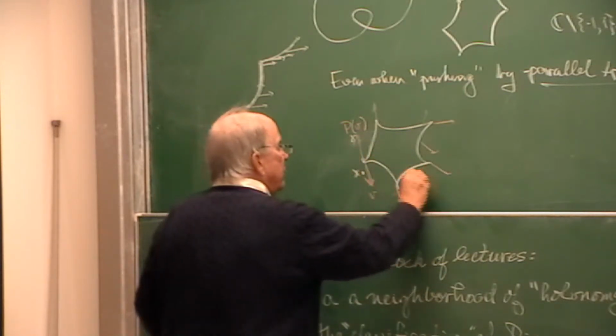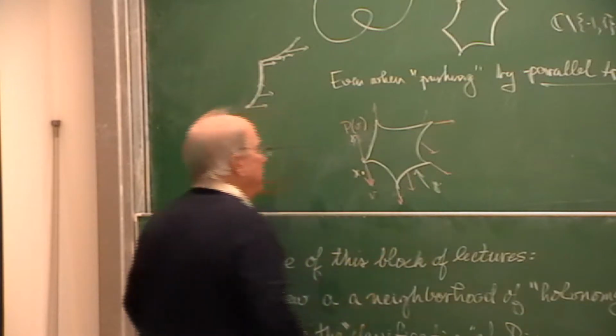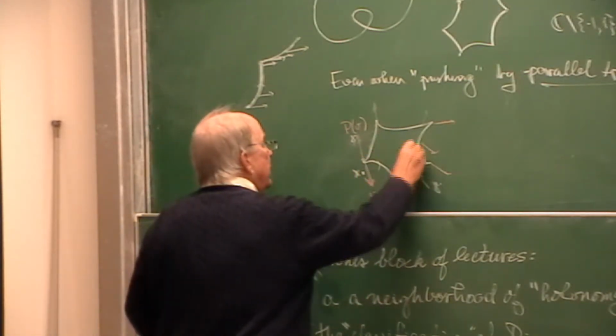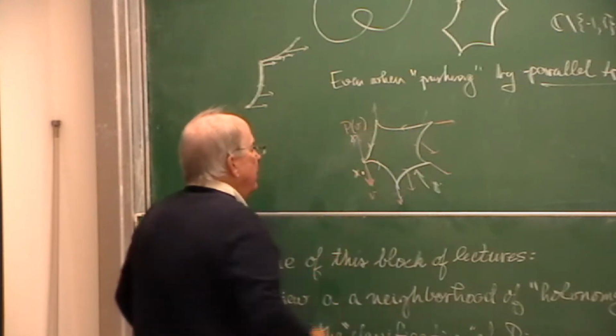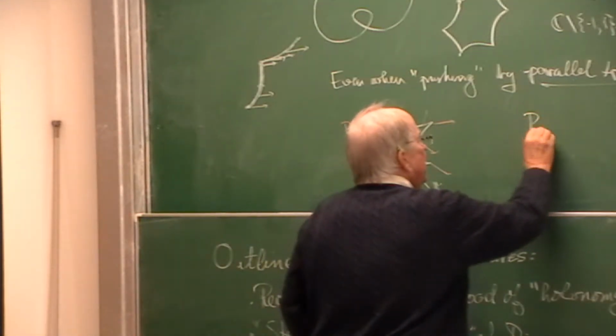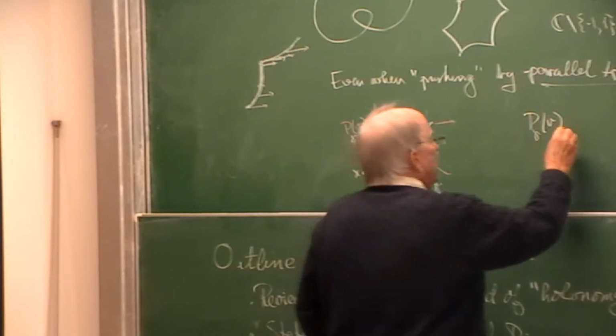This is gamma. Go around there like that. So you have a map P of gamma.